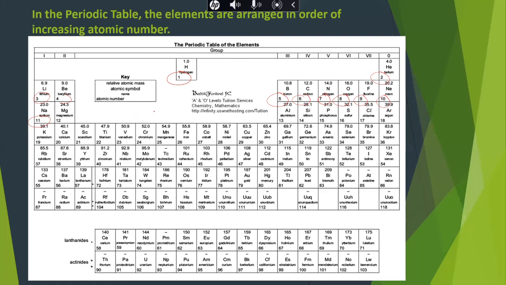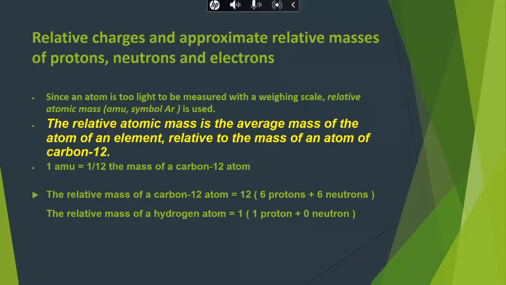Now first we need to understand the relative charges and approximate relative masses of protons, neutrons, and electrons. Since an atom is too light to be measured with a weighing scale, relative atomic mass is used. Children, AMU means atomic mass unit and the symbol is Ar.